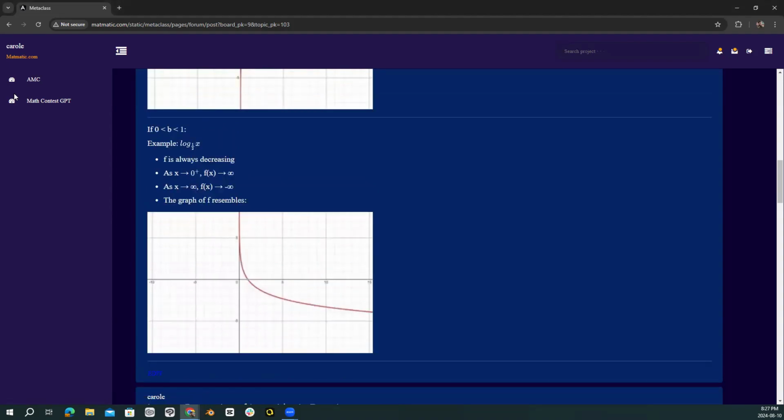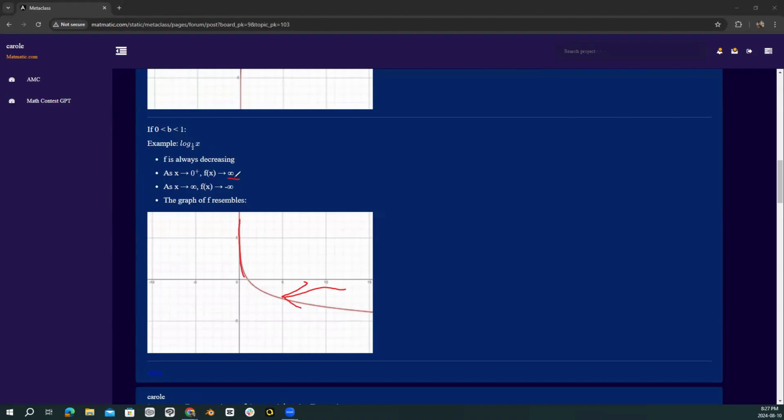And for the next one, if the base b is greater than 0 but less than 1, for example, like log base 1 over 2 of x, f is always going to be decreasing, and as x approaches 0 from the right side, f is going upwards.